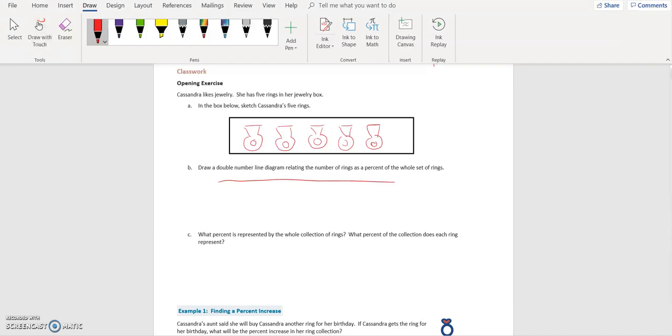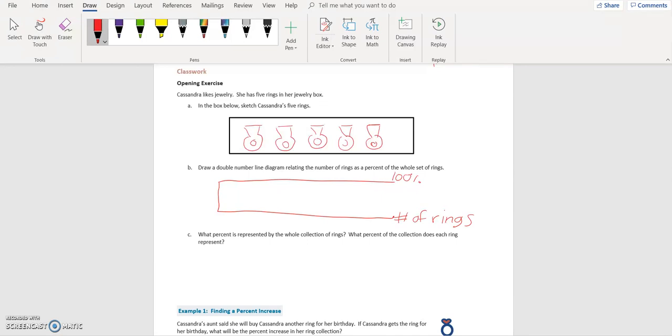Then we have our number of rings, so that's where our second line comes in. This is going to be number of rings and 100%.